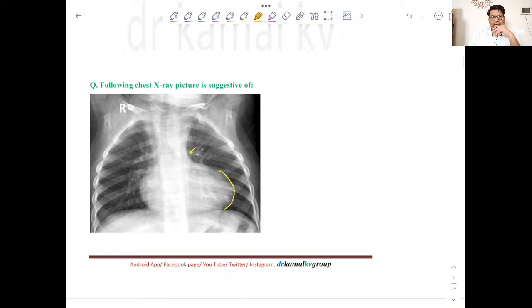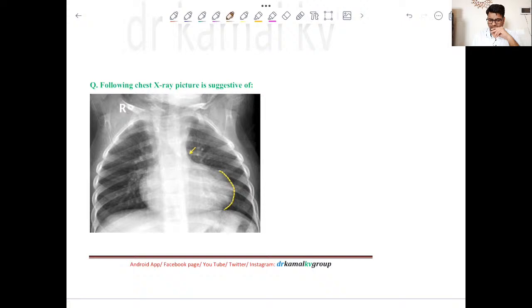Now if you have this kind of x-ray, it doesn't need much of clinical inputs. The moment you see the x-ray, I think most of you can answer, this is a classical case of, yes, I am waiting for your answers. Wonderful KK, wonderful. This is a boot-shaped heart, right?